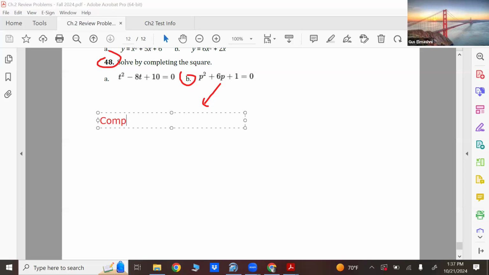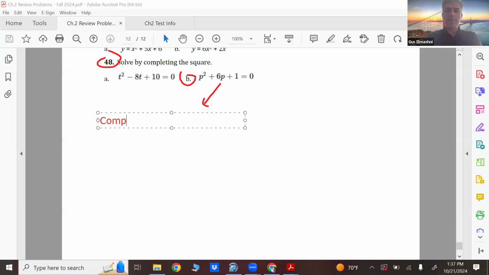Also state the vertex, x-intercepts, and y-intercepts. So I'm going to show you how to do that right now. I'm recording this so you guys have this as a guide.